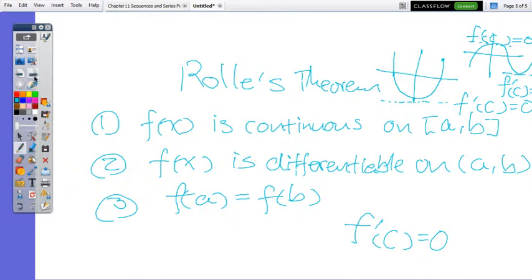Okay, so now let's do one example like this. Let's say that we do have y equals x squared plus 2.